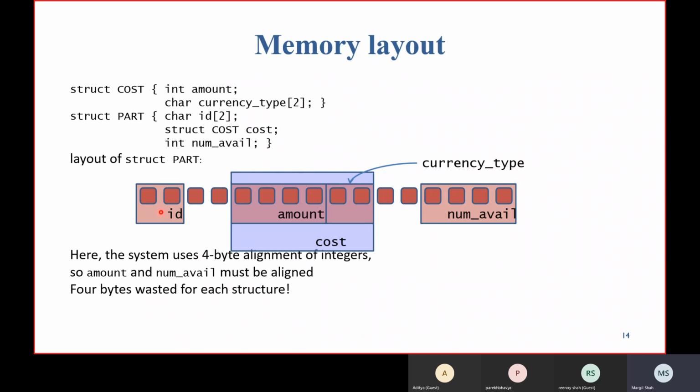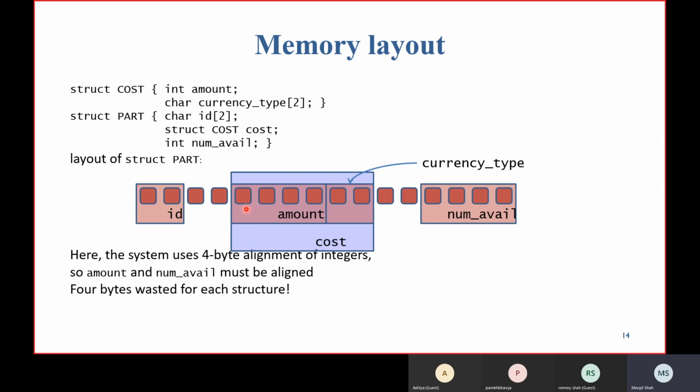Now you might think why we waste this 2 and this 2, total 4 bytes over here. The reason behind that is here id. What is the id? That is a character. So for declaring the structure we need to start with a full byte, or we can say that we need to skip at least a full byte.